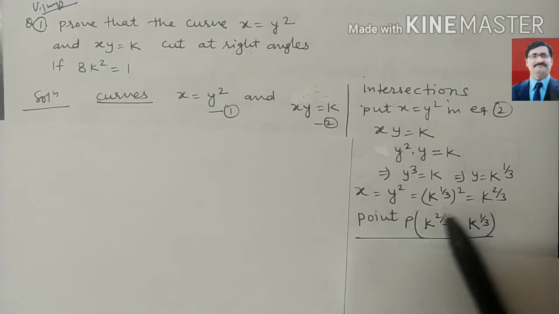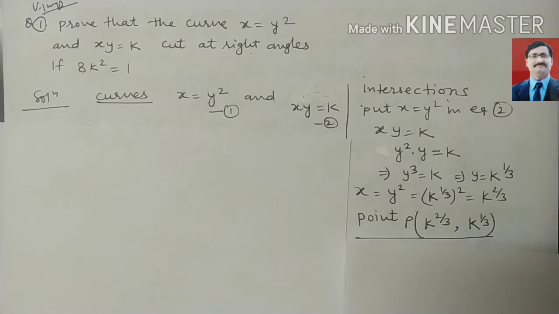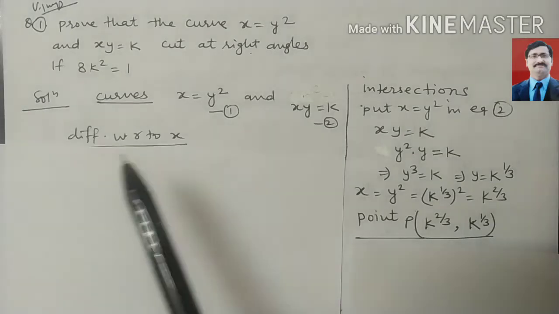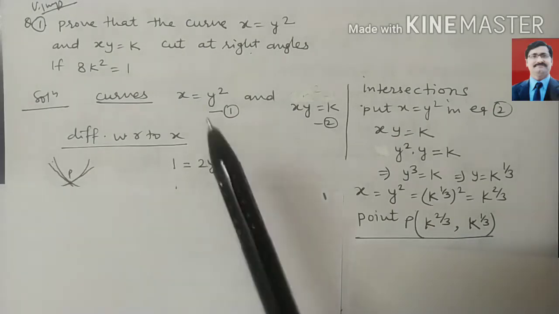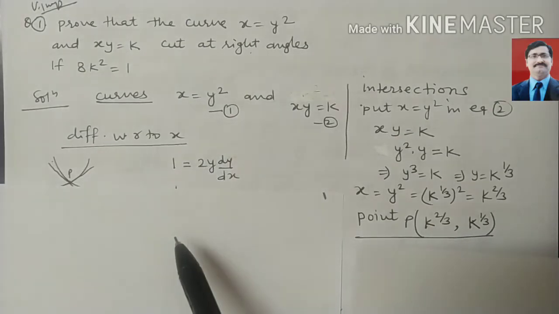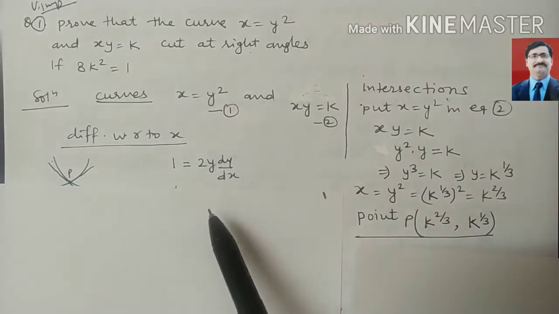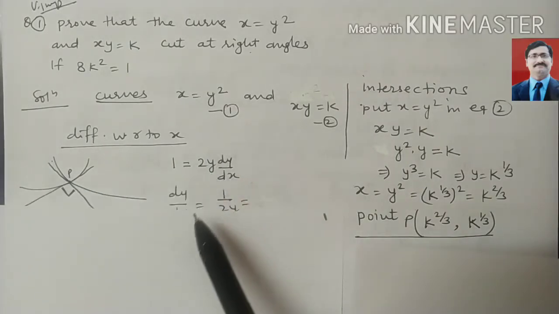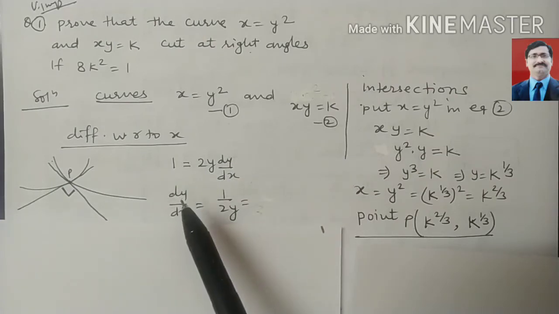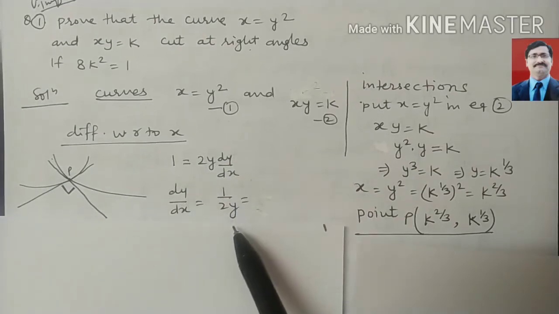This is our point. Now we have to find the slopes of the tangents of the curves. For that we differentiate with respect to x. The differential of x is 1 and the differential of y square is 2y dy by dx. From here dy by dx equals 1 upon 2y.